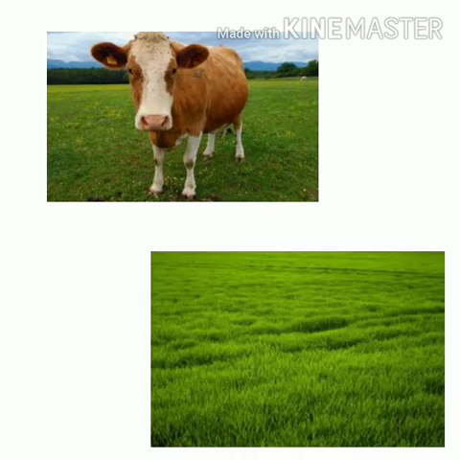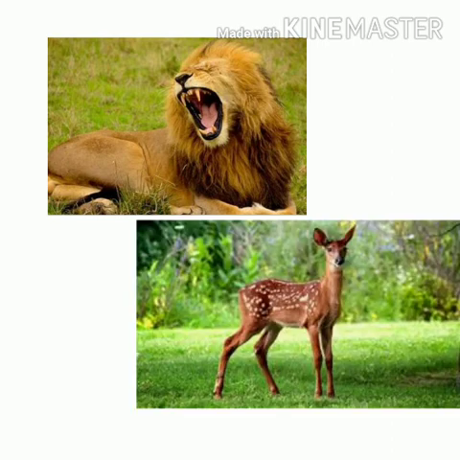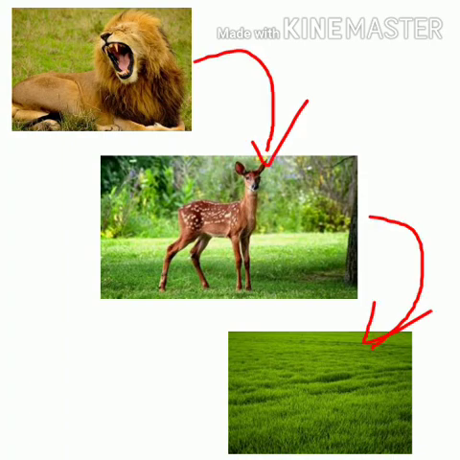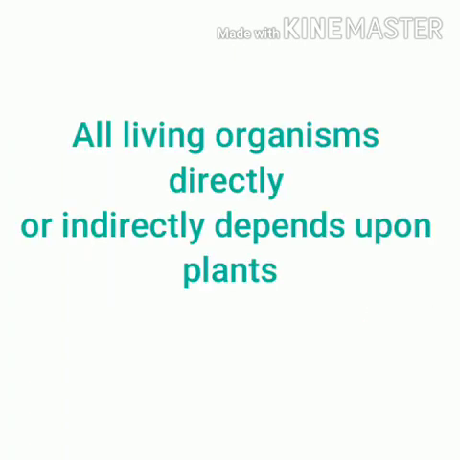For example, a cow has to depend upon plants for its food, and a lion has to depend upon the deer for its food. But that lion indirectly depends upon plants. Why? Because the deer is eating grass. Therefore, we can say that all animals directly or indirectly depend upon plants.